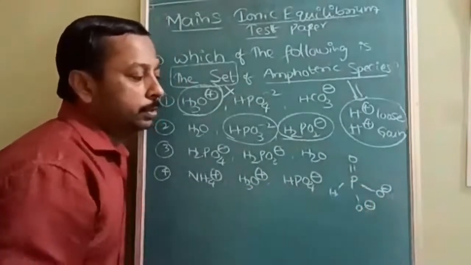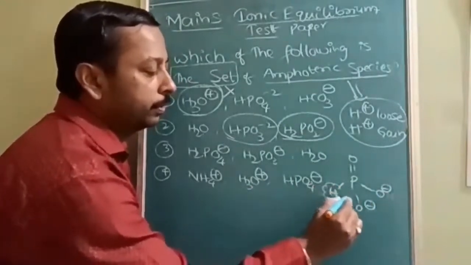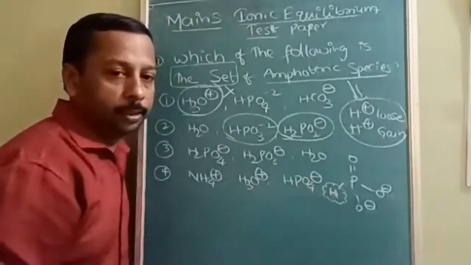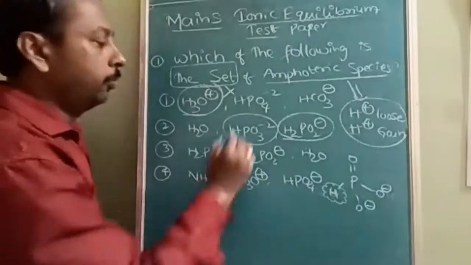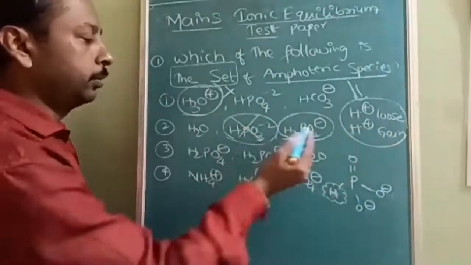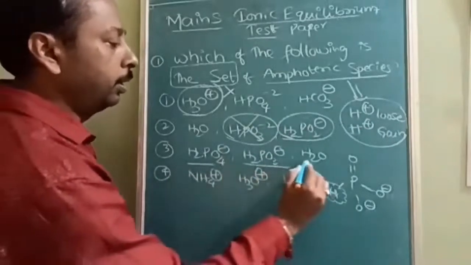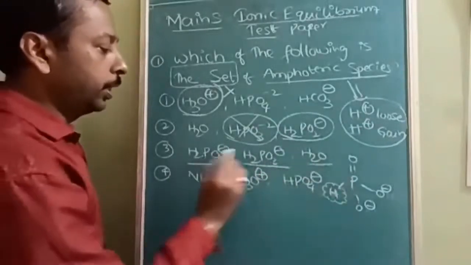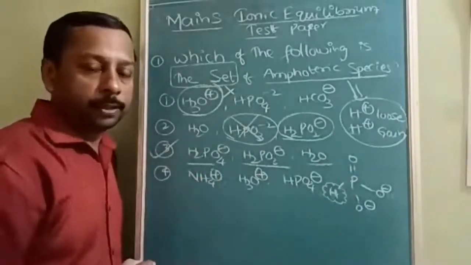Already you must be aware that a hydrogen which is not directly connected to oxygen cannot be lost. Therefore, this is not amphoteric because it cannot lose H plus. Like that you can cross check. Now if you compare here, all of them are eligible to lose as well as gain. So option 3 is correct for the first question.